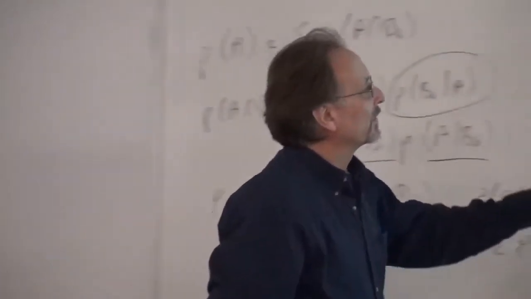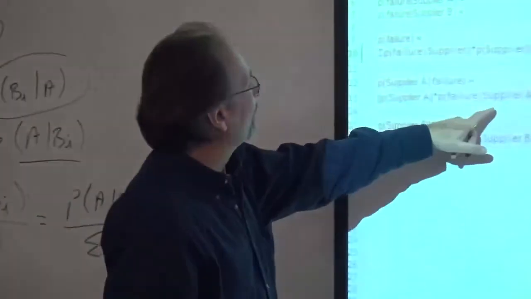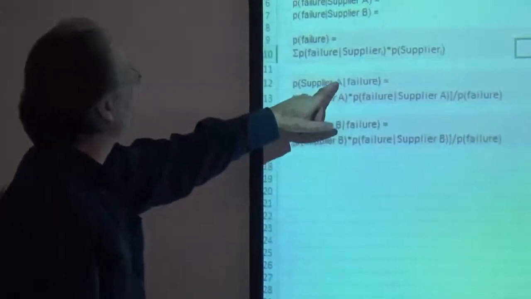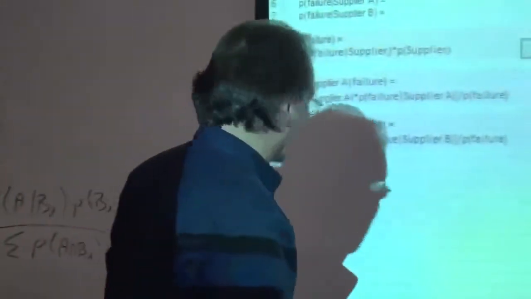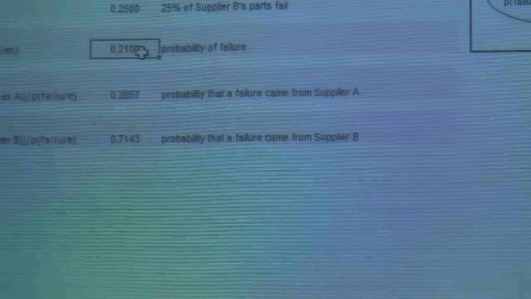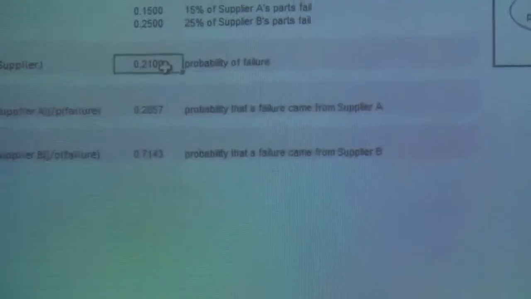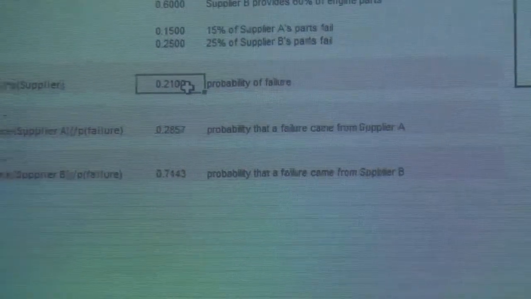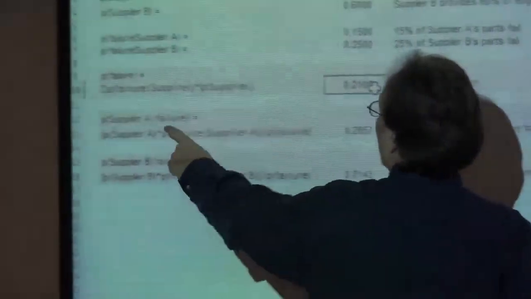And so this is the probability of failure times the supplier A. Here, let me write it out so it's a little bit clearer. Because right here, what we have is probability of failure, supplier A given its failure.